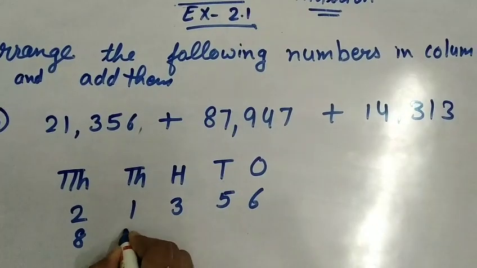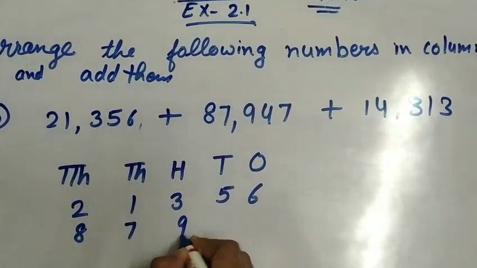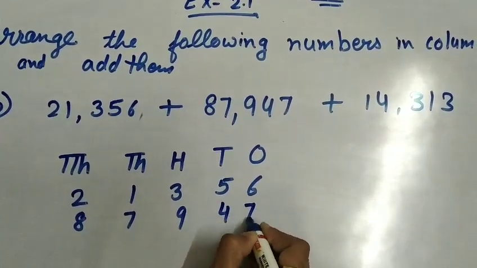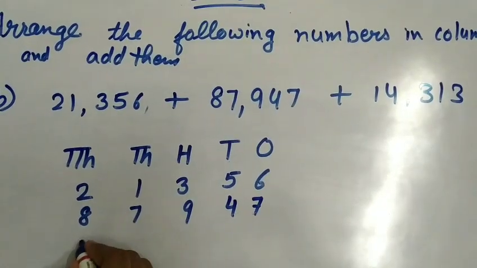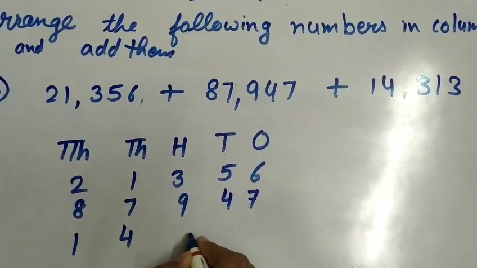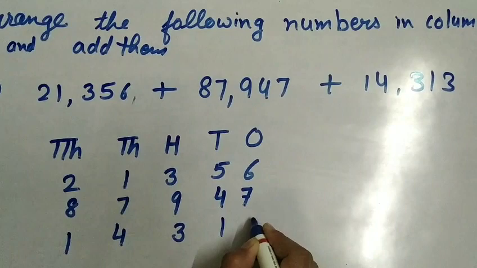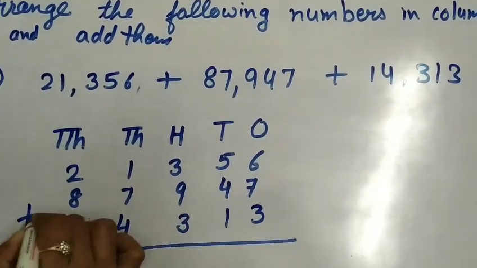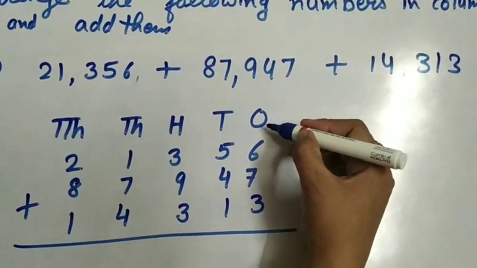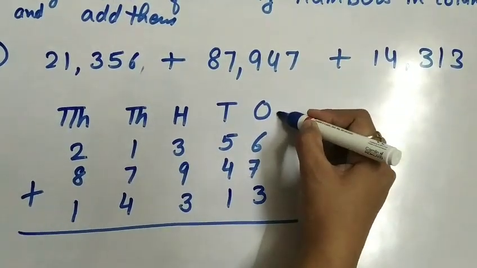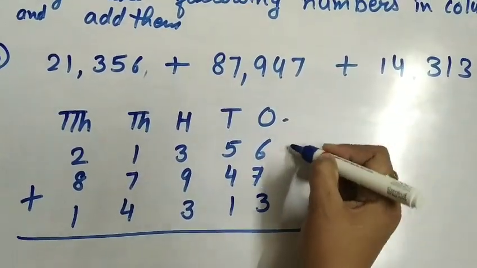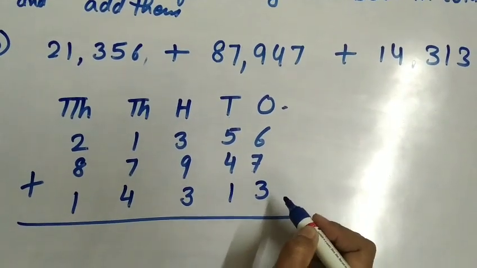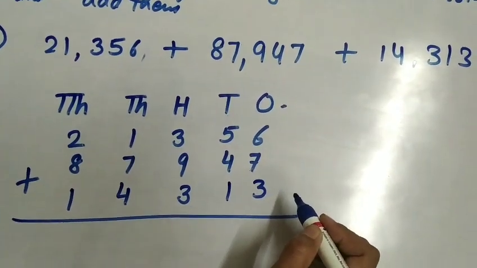Next is 87,947. Next, 14,313. These ones, tens, hundreds, thousands, 10,000 are places, and these numbers are addends.